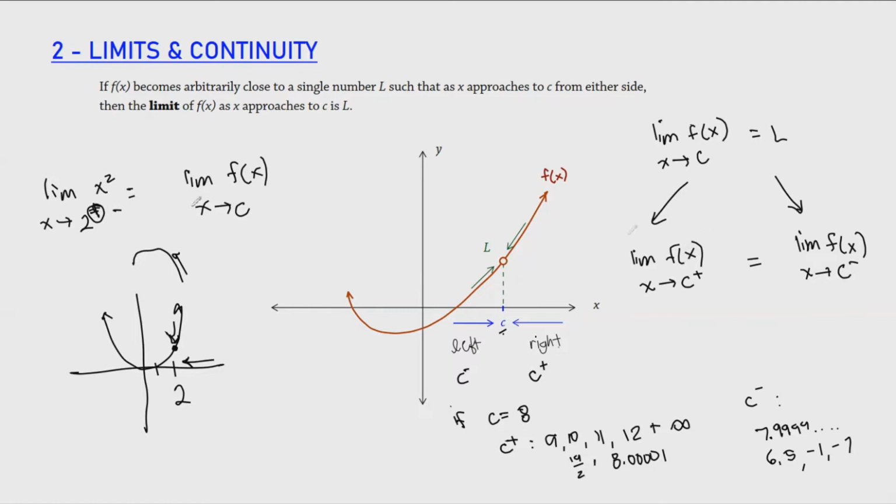And usually if an equation says that you need to find the right hand limit, we're referring to the positive superscript here, and the same thing goes for the left hand limit. Okay, so that's how it goes for our limit.